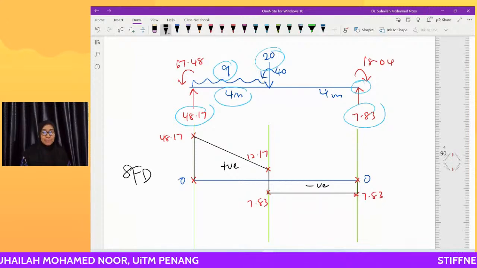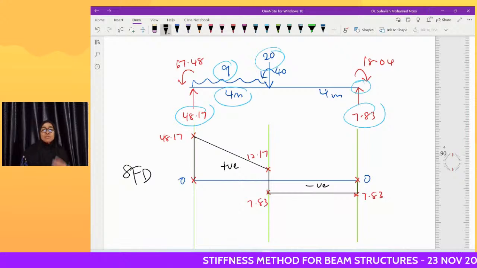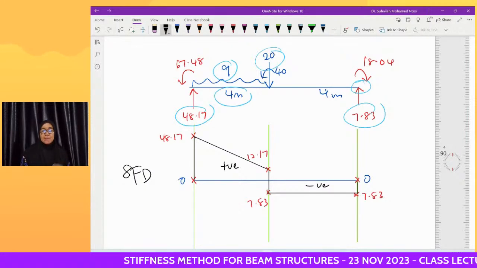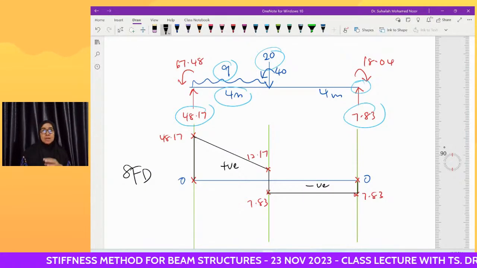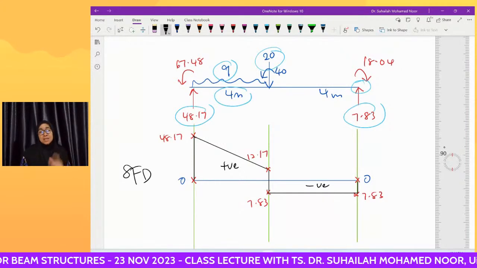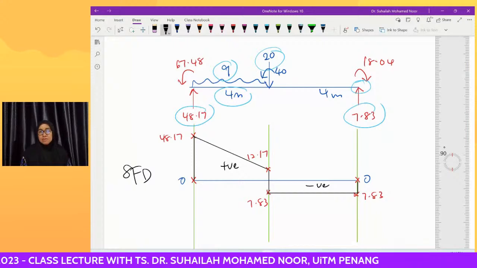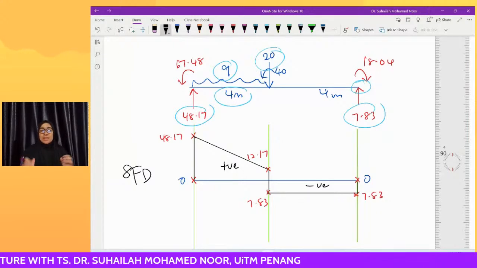From the shear force diagram, we will calculate the bending moment. The unit of shear force is kilonewton.